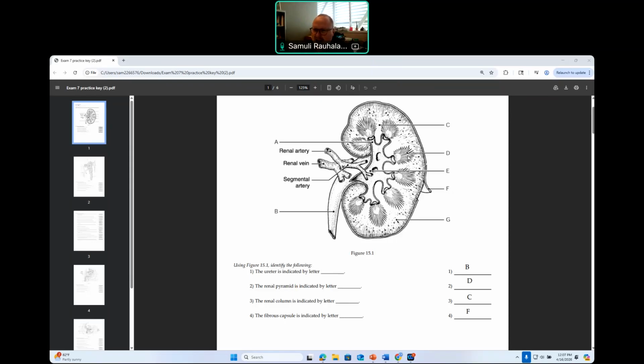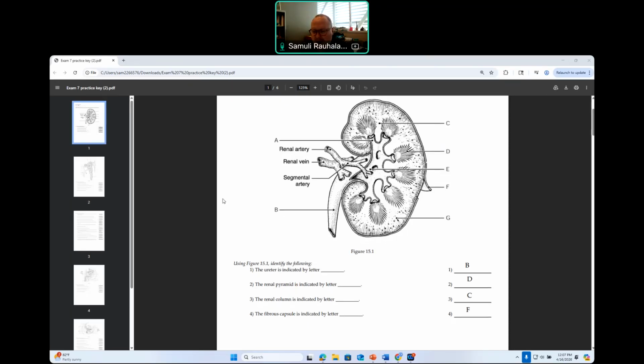This is indicated as letter D on the diagram and captured in question 2. And between these structures, we see a continuation of a paler tissue coming in from the cortex. These are called renal columns, and they are indicated with letter C and in question 3 on this page.